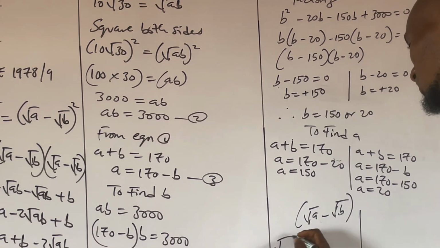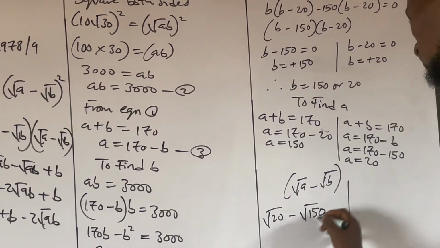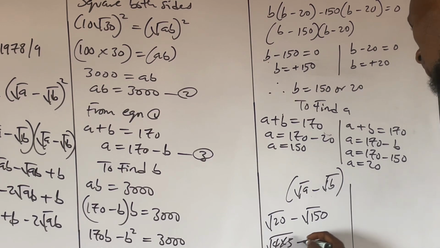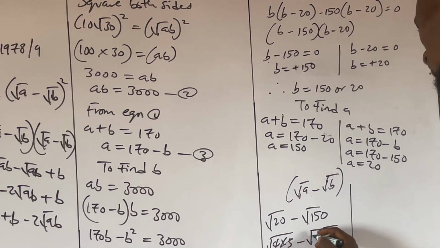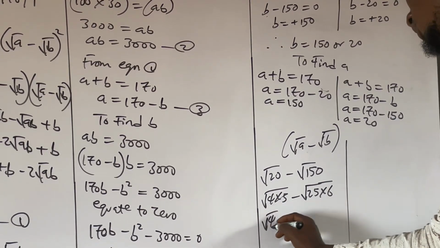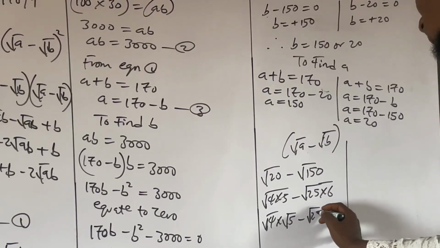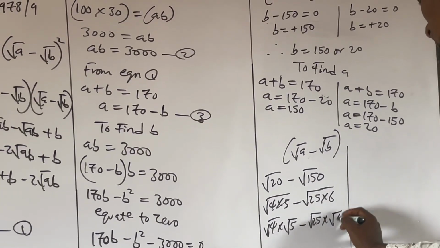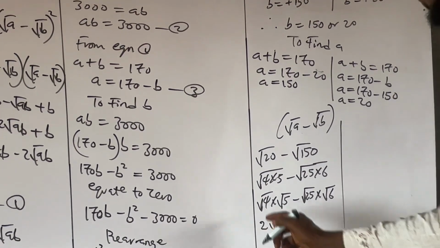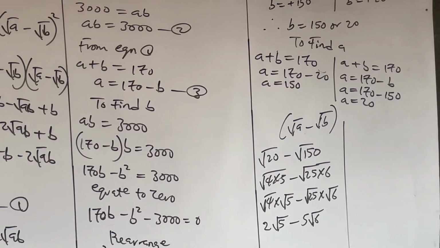So a, 20 here, is root 20 minus root 150. So this is root 4 times 5 minus root 25 times 6. This is root 4 times root 5 minus root 25 times root 6. So we're going to have 2 root 5 here because root 4 is 2, minus 5 root 6.